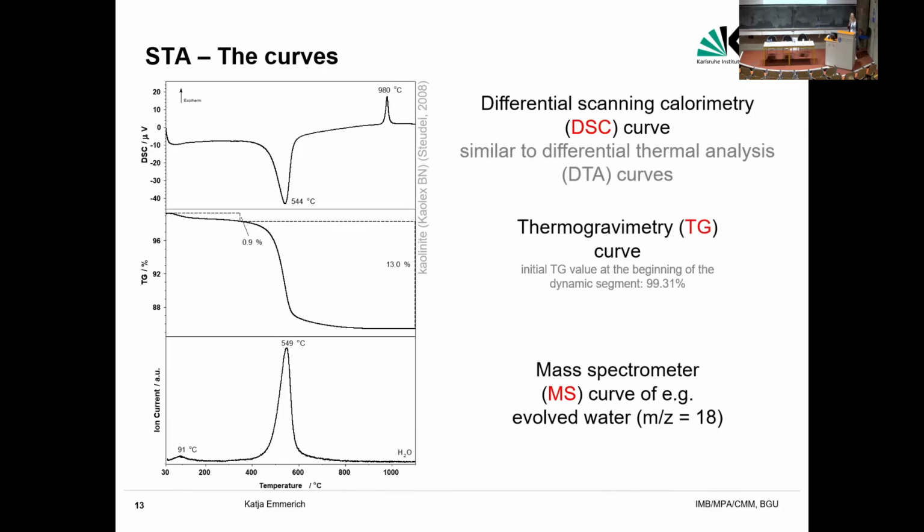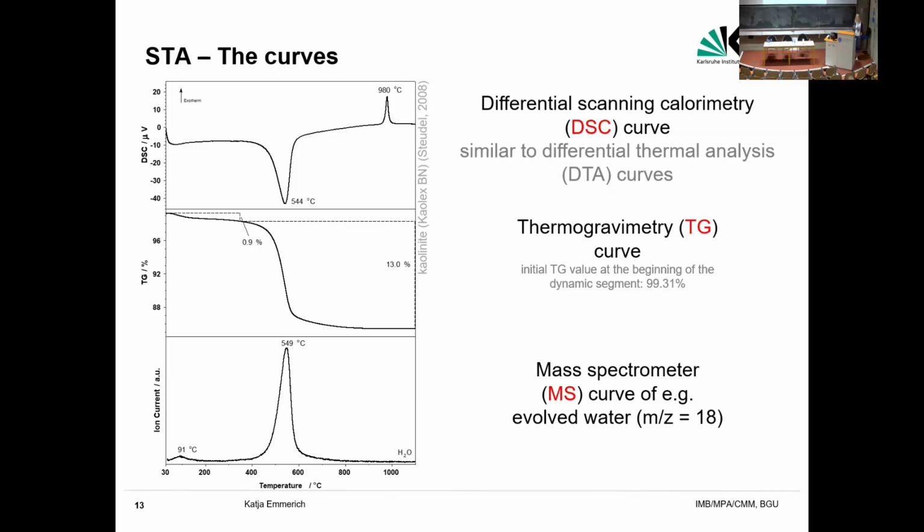But if you have a look into literature published by chemists, very often the curves are displayed the other way around. So this might sometimes be confusing, but that's why it's very important that you always indicate in which direction you plot the exothermal peaks. The second curve, if you have another device called differential thermal analysis, the curve would look totally the same.